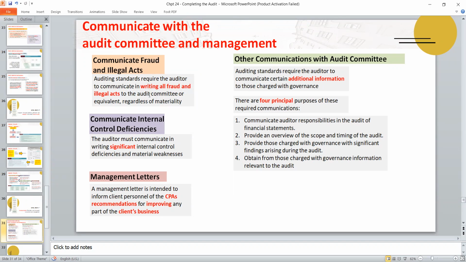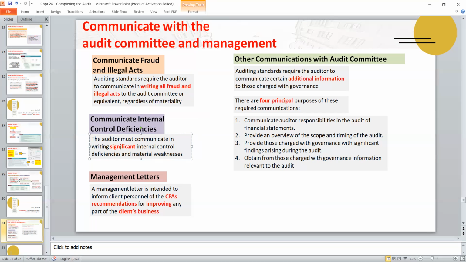Also, besides the audit findings, fraud, and illegal acts, the auditor must also communicate about the internal control deficiency, the weakness of the internal control.